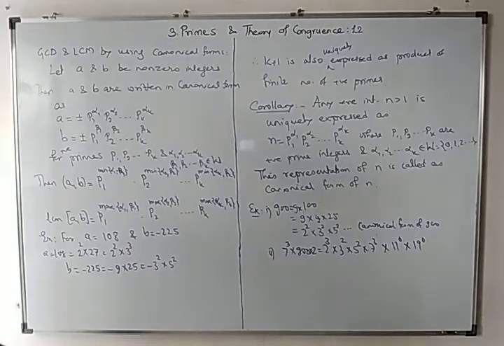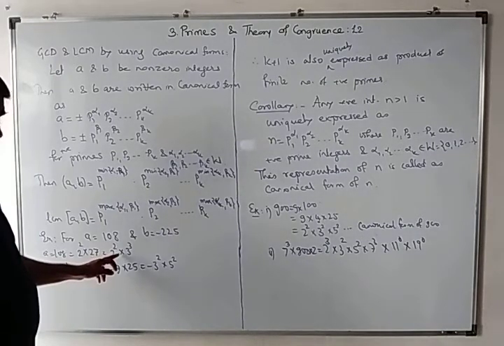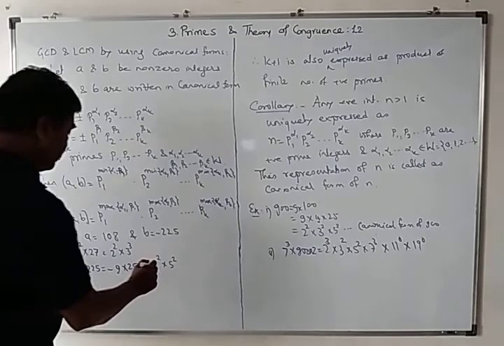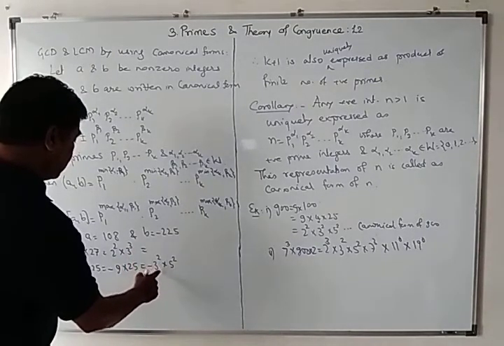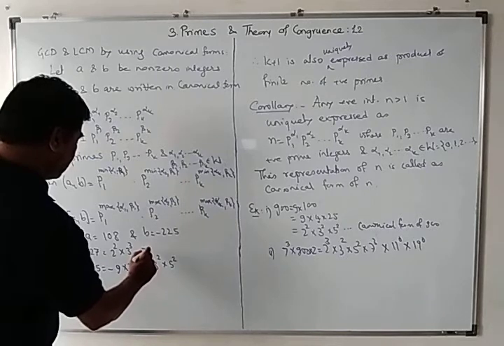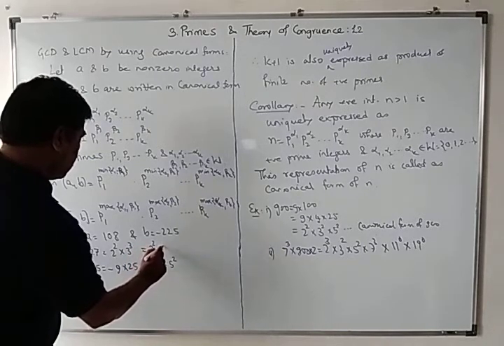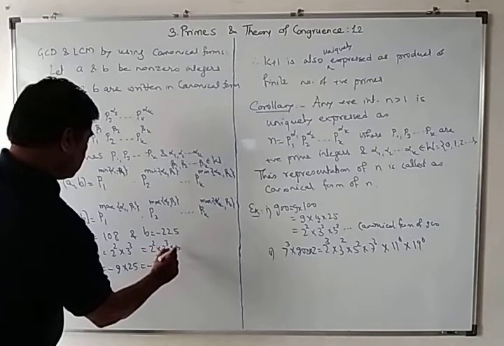Is it clear? So now here 2 is not there in B, and 5 is not there in A, so I will take A as 2 square into 3 cube into 5 raised to 0.